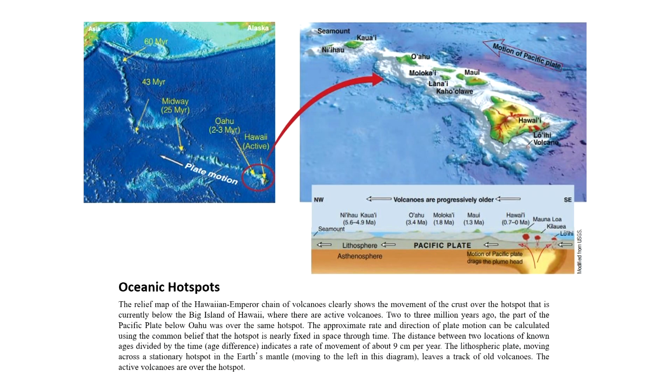This is what they identified, as I have already discussed: there is an active volcano on what they call the big island, and earthquakes occur only in that area, and the rest of the islands, which are part of the Hawaiian archipelago, are inactive.